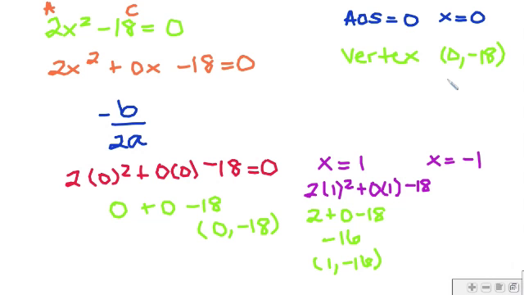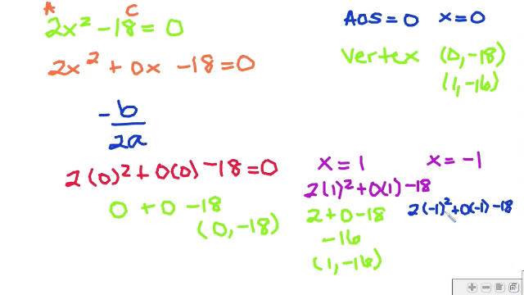So I have my first dot. Here's my second dot. Now let's find my third dot. I'm going to plug in negative 1. So I get 2 times negative 1 squared plus 0 times negative 1 minus 18.